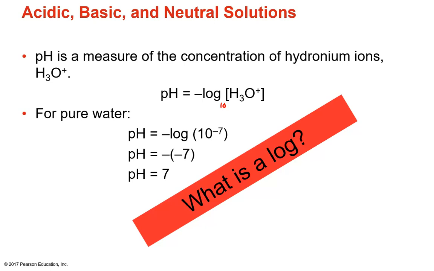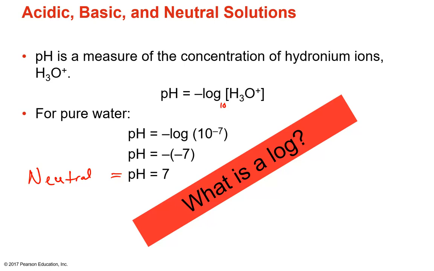And so the pH of pure water is minus the log of the concentration of hydronium, so minus, parentheses, minus 7, or plus 7. So we consider a pH of 7 to be neutral, neither acidic nor basic, because it's the concentration that you have in pure water.